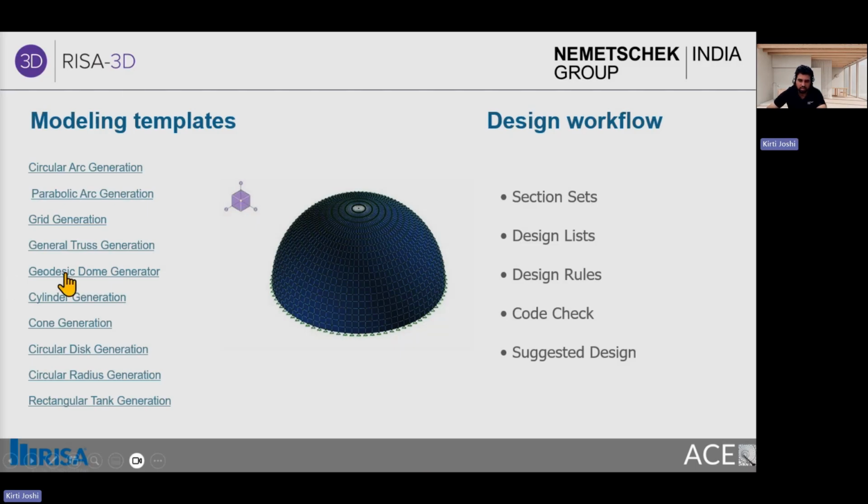All these things I can set, and then I can apply the design rule, like the deflection ratio. The design list can be carried out for different sections, like if you are using a tube section, you can carry out the design based on that section. And to optimize the design, I use the suggested design feature.